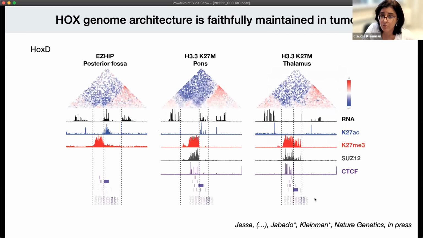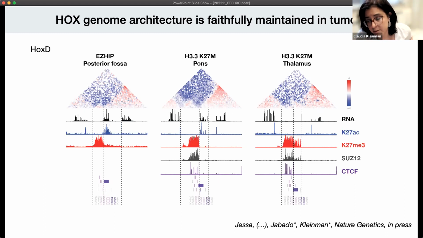So the thalamic tumors that should have the Hox genes silent, they have the bipartite domain, but silencing the whole cluster with K27me3 despite the lack of K27me3 that we see genome-wide. And the hindbrain and posterior fossa tumors, again, bipartite domain with an active subdomain and an inactive one, really beautifully marked by K27me3 and PRC2.